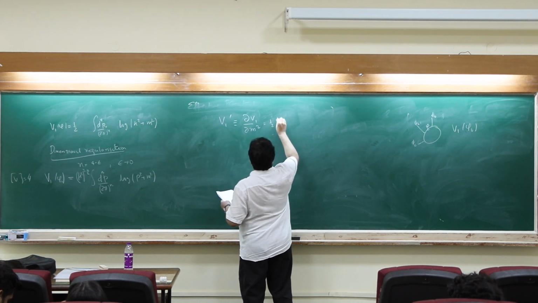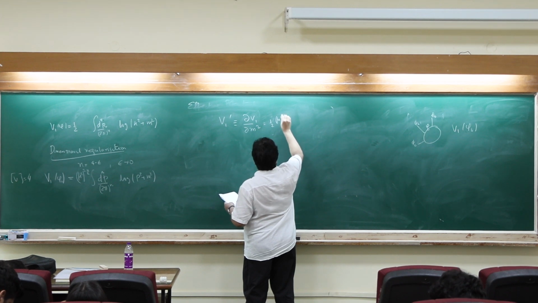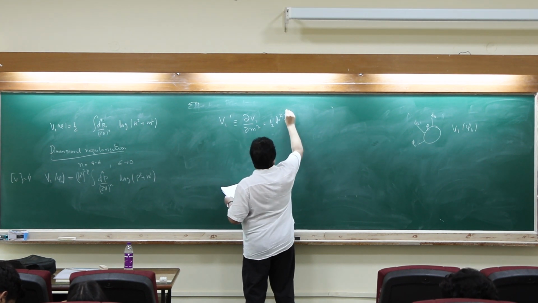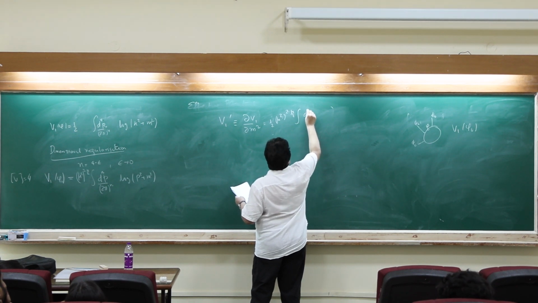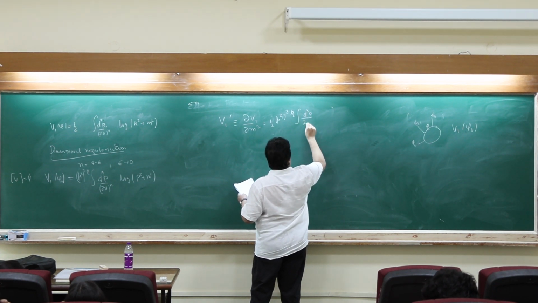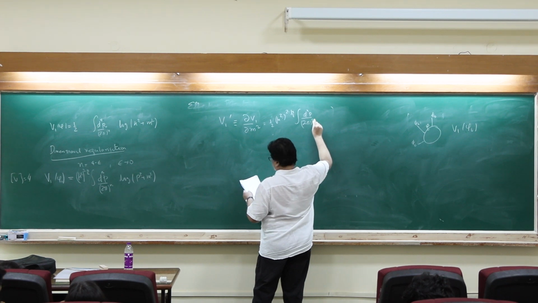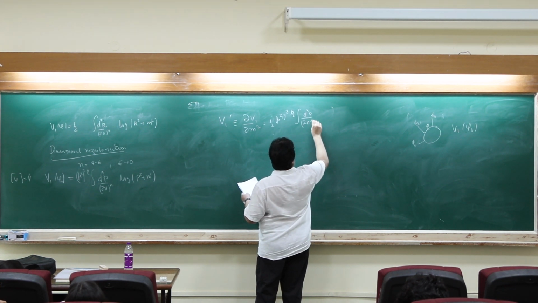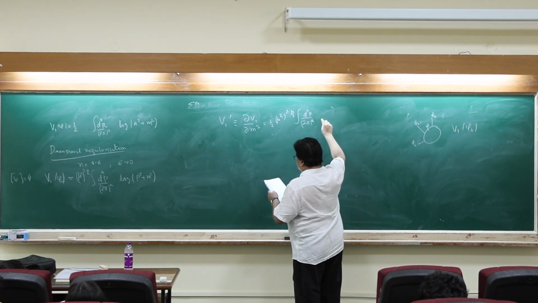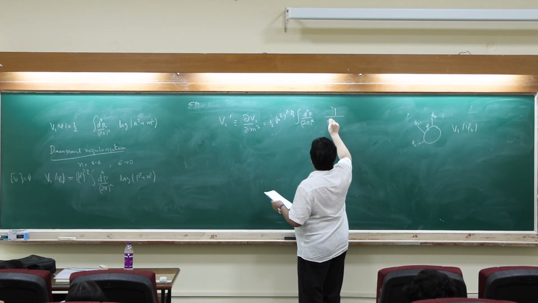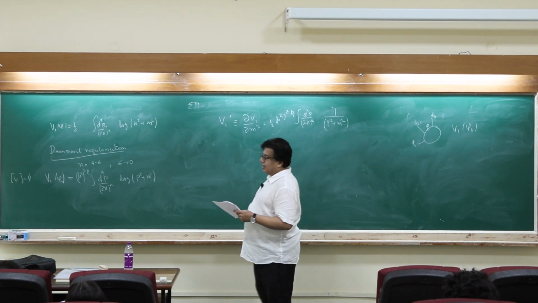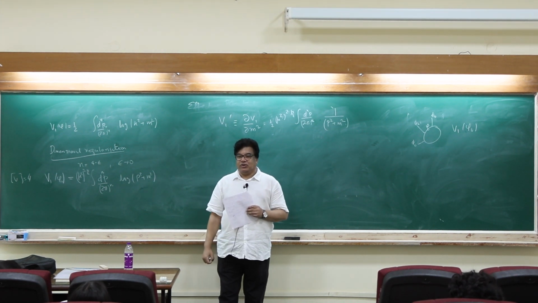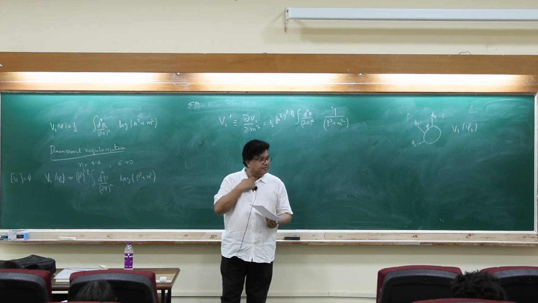This is half mu square to the power 2 minus n by 2, the integral d^n p. Since there was a log, the derivative with respect to m square will just give you 1 by that.